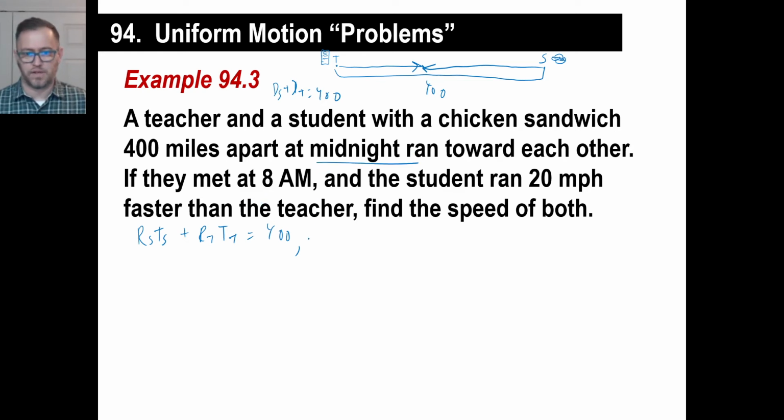Okay, so you tell me what's the time of the student? Obviously 8, right? Which means also the time of the teacher is 8, okay? The student ran 20 miles an hour faster, so that's a rate, right? So the rate of the student equals, you tell me, the rate of the teacher plus 8,000.